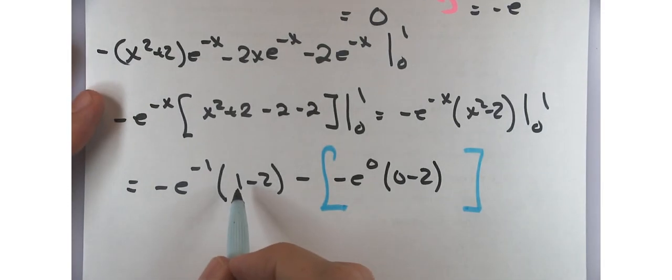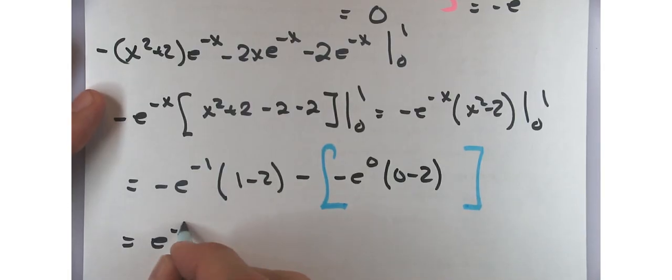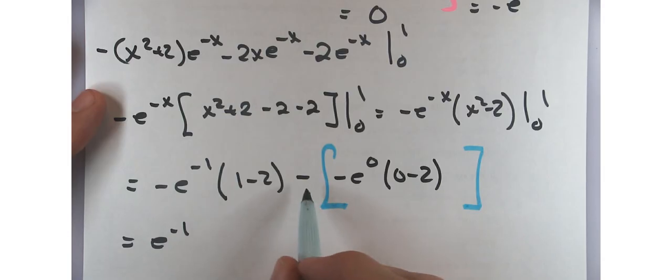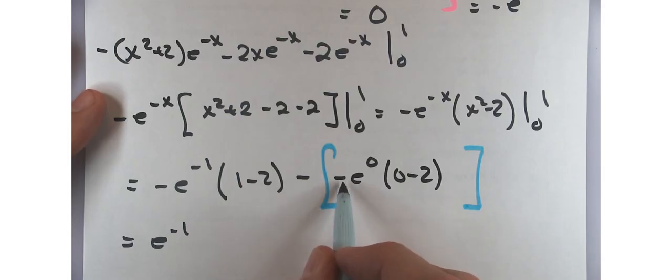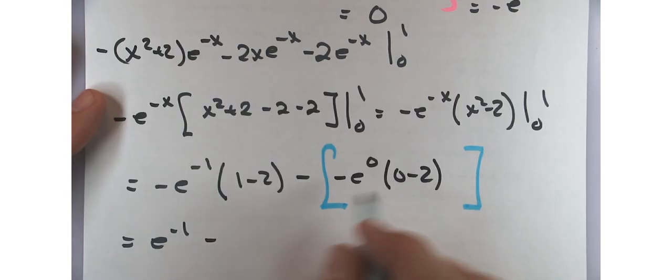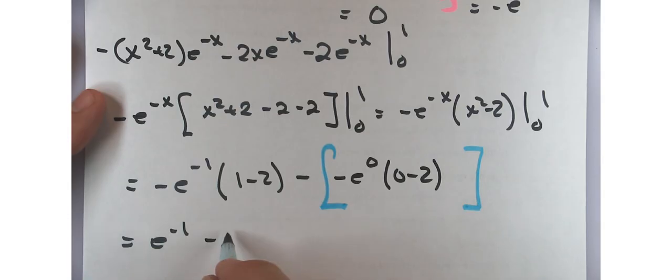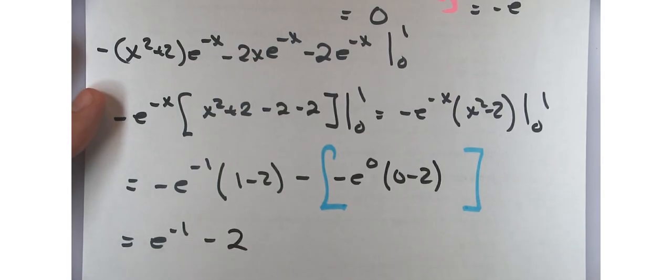This is going to be a negative 1 times a negative is going to be e to the negative first. Negative times a negative times a negative is still going to be negative. So I'll end up with 1 times 2, which is just going to be minus 2 there. I think I got that right. I'm not terribly worried about this minutia here at the end.